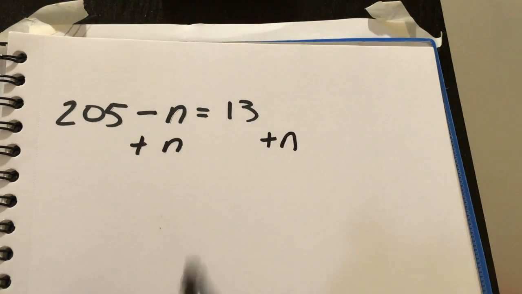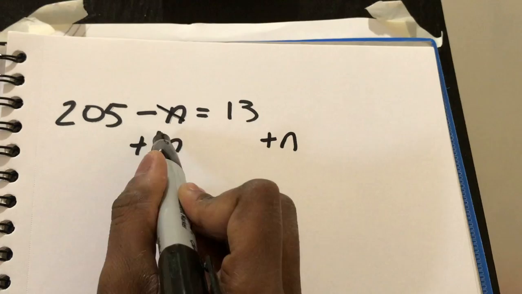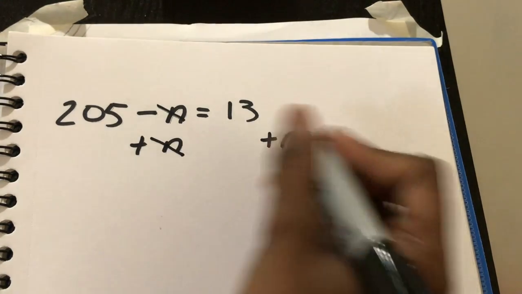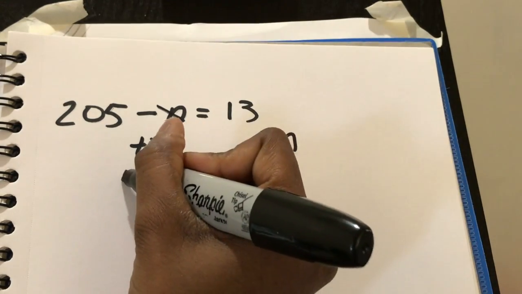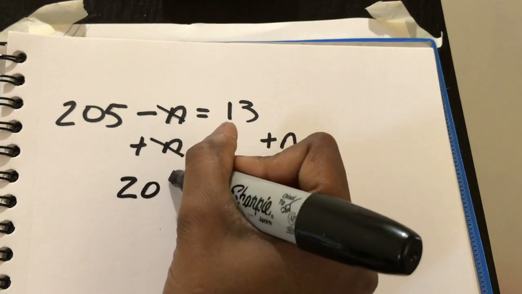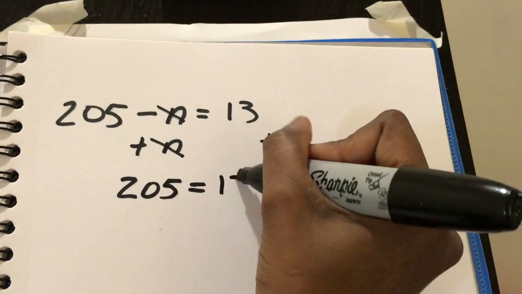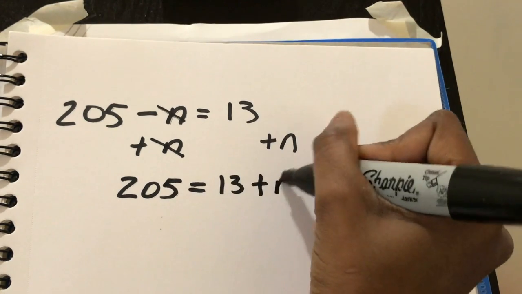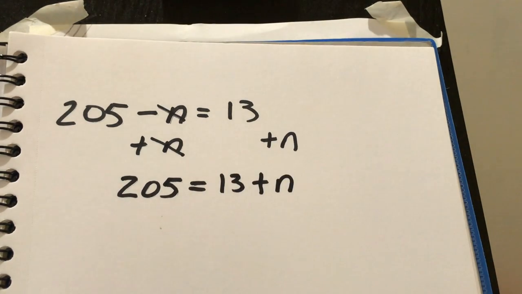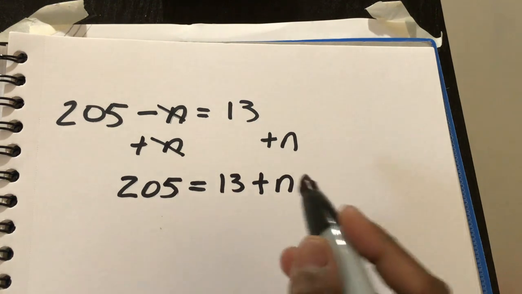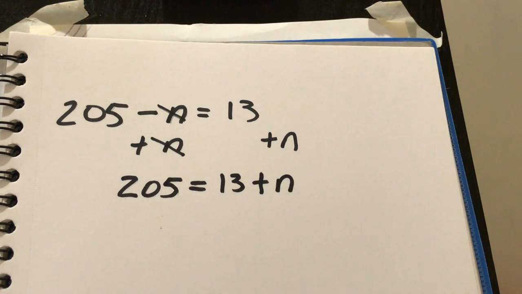If you do that, that will cancel out your N on this side and bring it over here. So now you're going to bring down the 205 equals 13 plus N. Okay, so now we want to get N by itself because we want to say N equals this number.